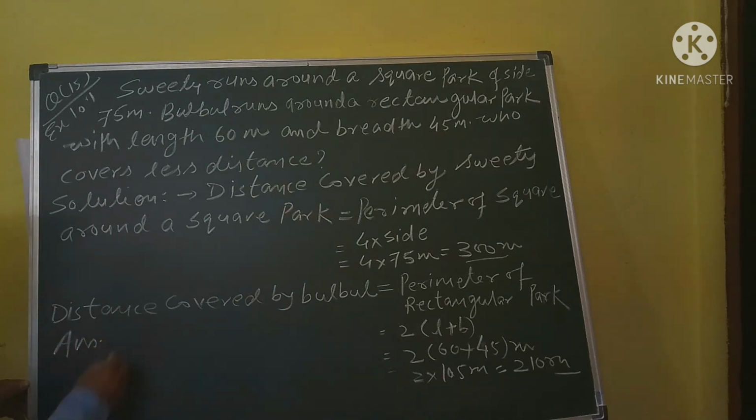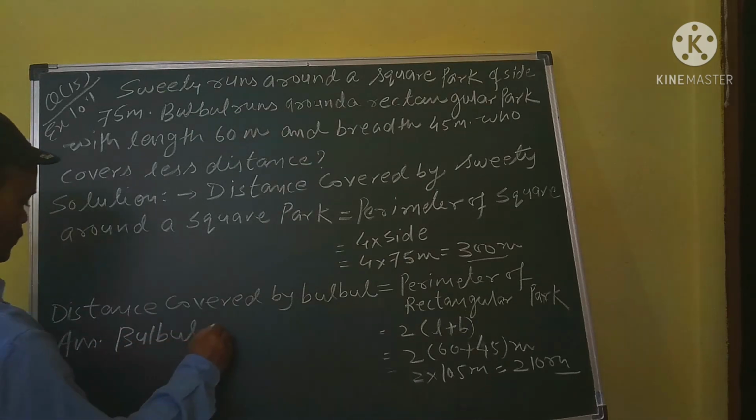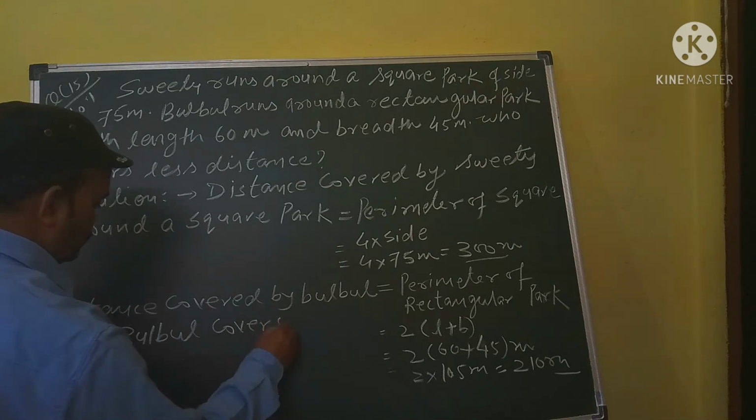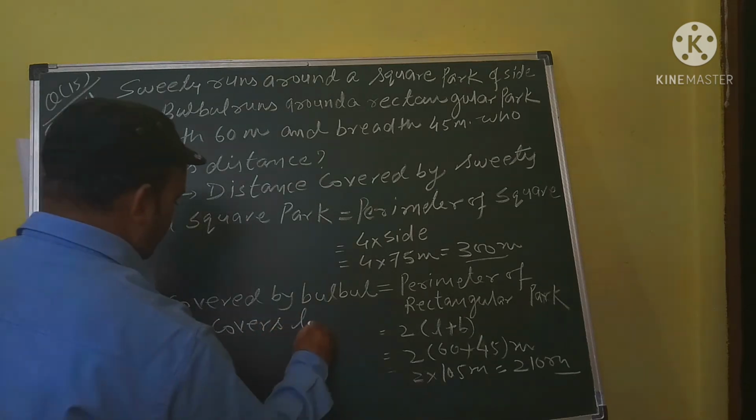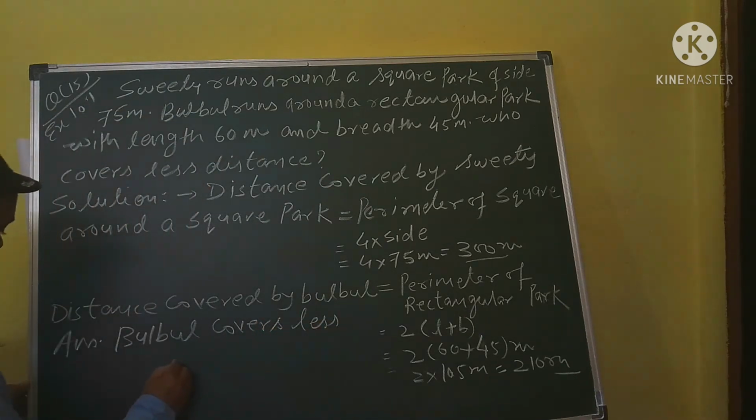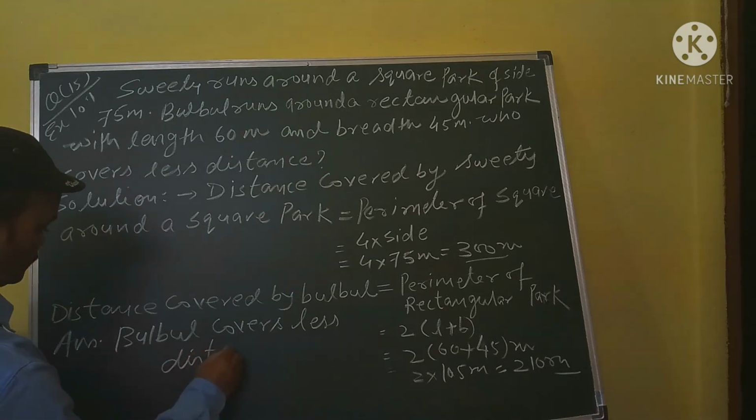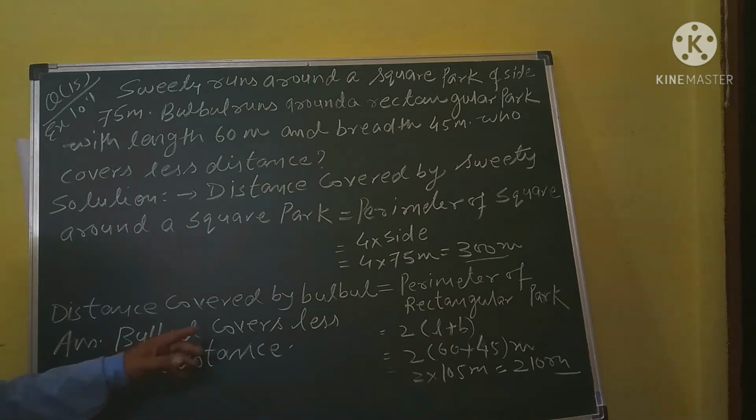The answer is, after calculation, Bulbul covers less distance. This is your required solution and answer for your required question.